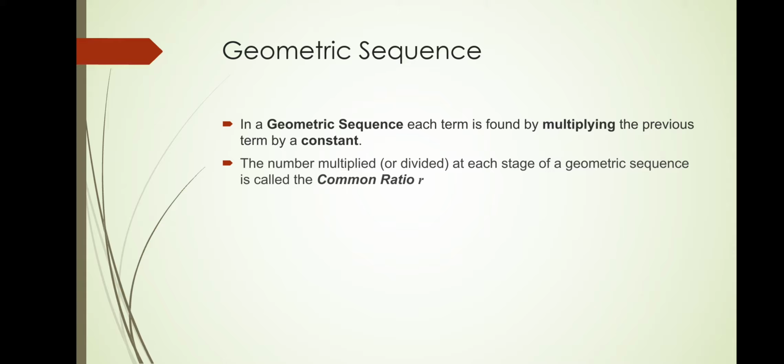The number multiplied or divided at each stage of a geometric sequence is called a common ratio, represented by letter R o variable R. Kagaya din sa arithmetic sequence, kung may common difference sa arithmetic sequence, sa geometric sequence, meron tayong tinatawag na common ratio, or yung variable R.